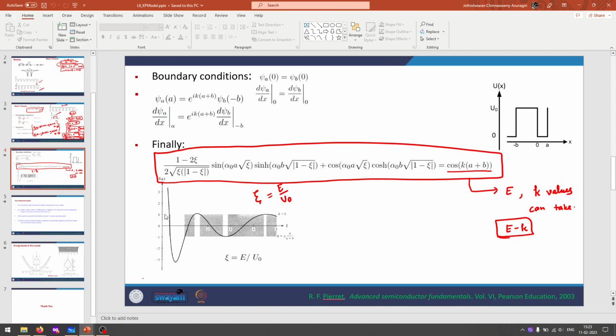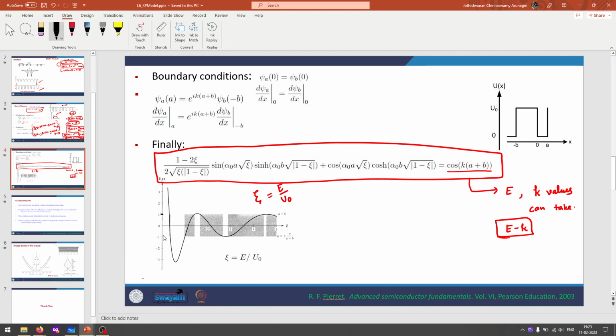As you can see, the points +1 and -1 are present over here. Let me call the left hand side LHS, f of xi.